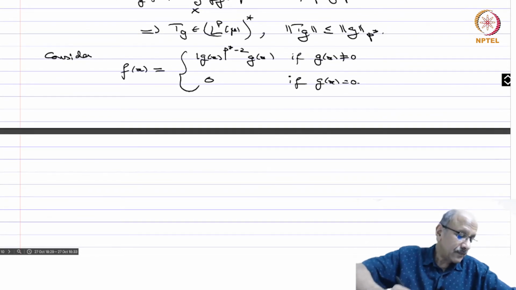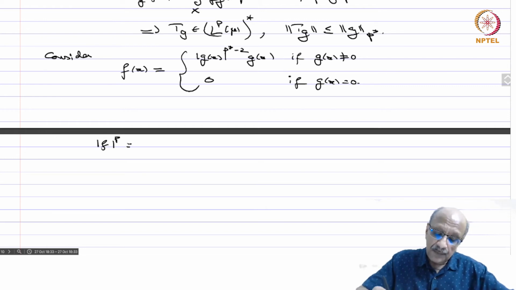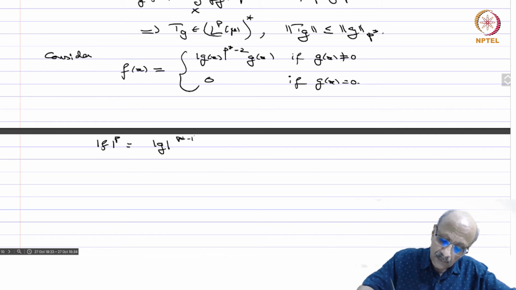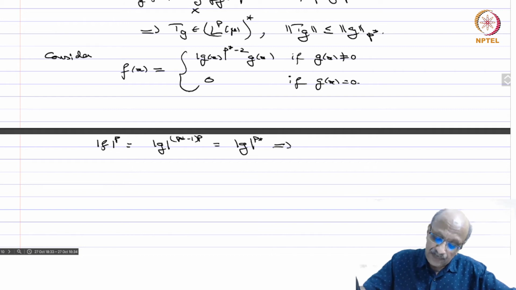Okay. So then what is |f| to the p? If you take |f|, you get |g| to the p star minus 1, whole power p. p star p minus p is nothing but p star, so this is |g| to the p star. This is integrable because g is in Lp star, and therefore f is p-integrable. That is, f belongs to Lp.